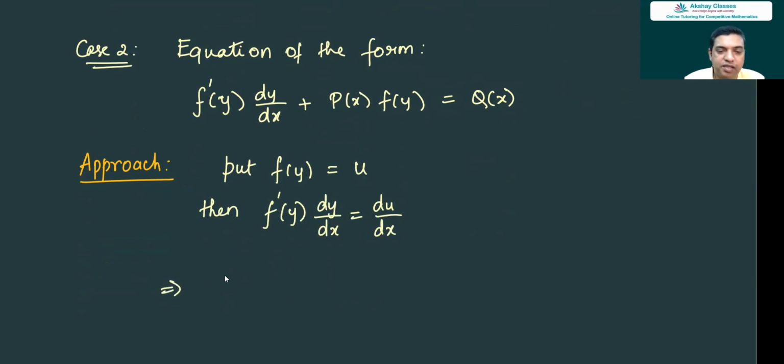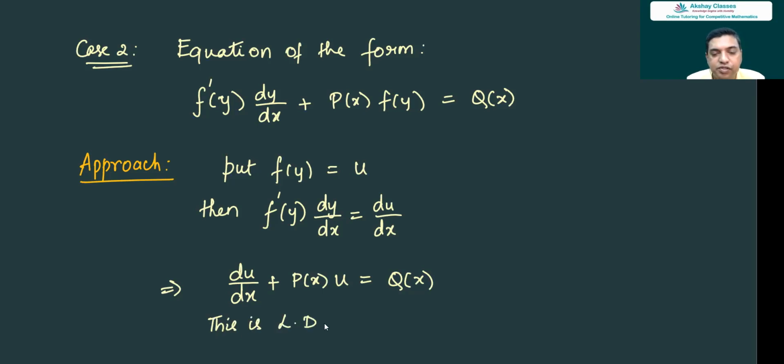So this implies du by dx plus p of x times u is equal to q of x. All right, this is a linear differential equation which can be solved.